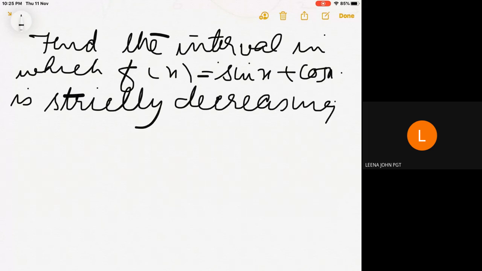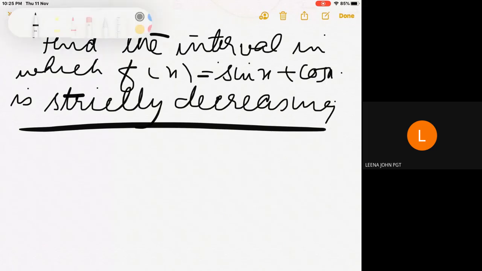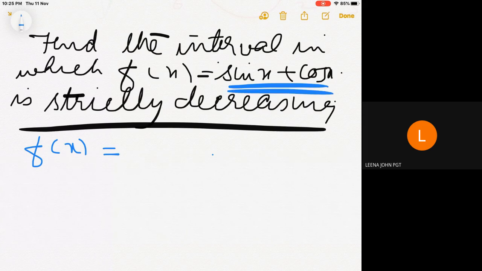So what you need to do is consider f of x without using the derivative.